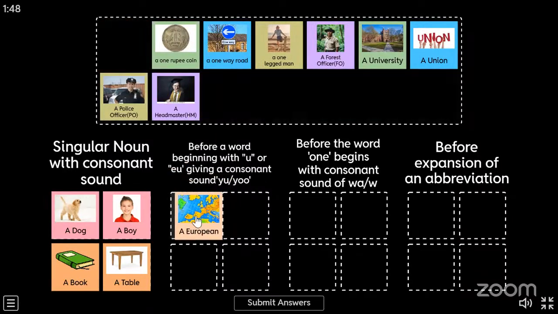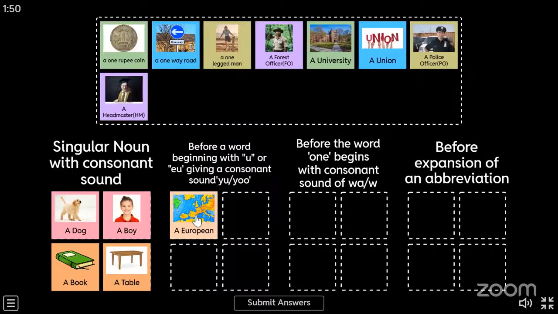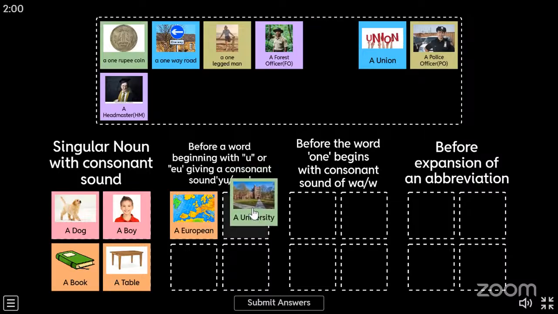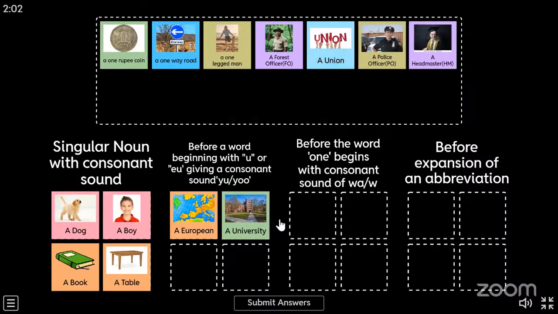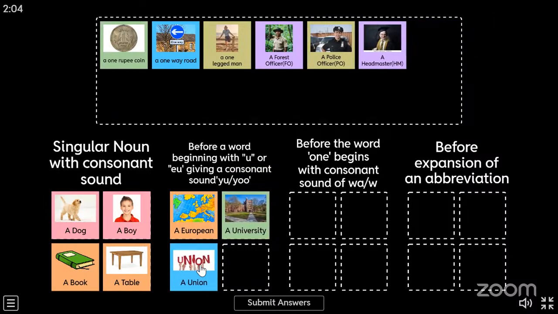A European. It is a vowel letter word, beginning with a vowel letter, but the sound is YOO. That sound comes over here. A university, a union. Any other word left out? No, there is no other word pertaining to this.